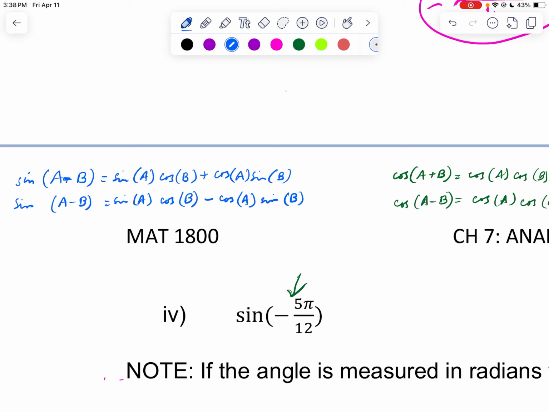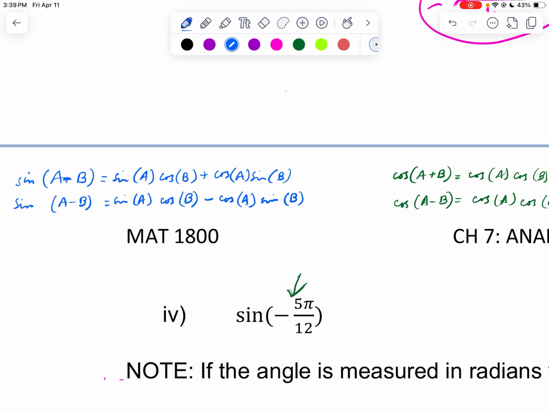So when we expand it, the first term is going to be sine of A cosine of B, then plus cosine of A and sine of B. So note here, when we do sine of A minus B, then we will get sine of A cosine of B minus cosine of A sine of B.